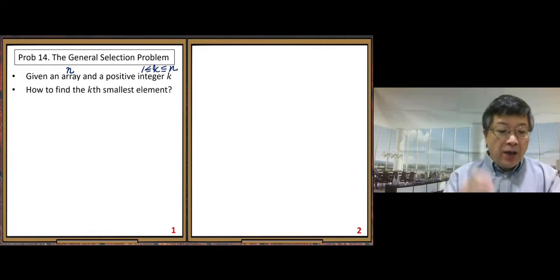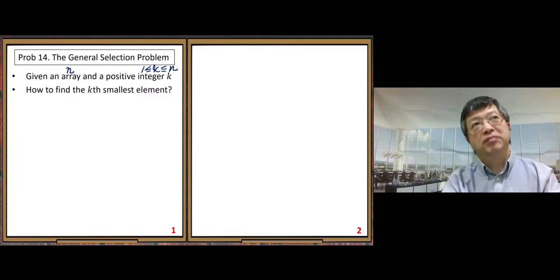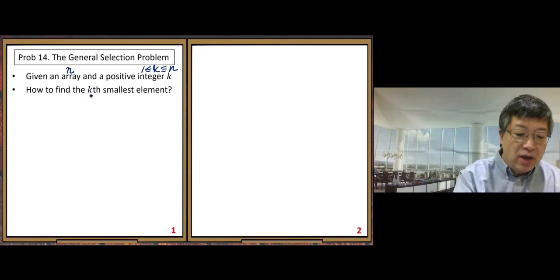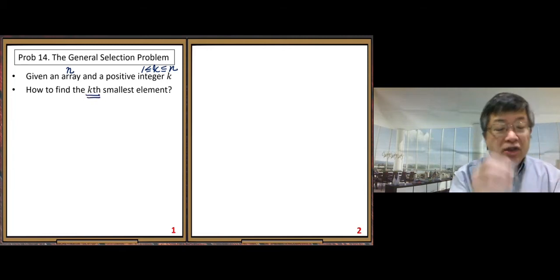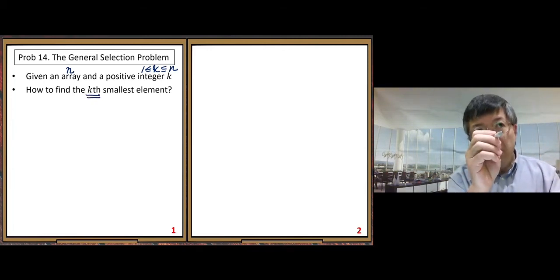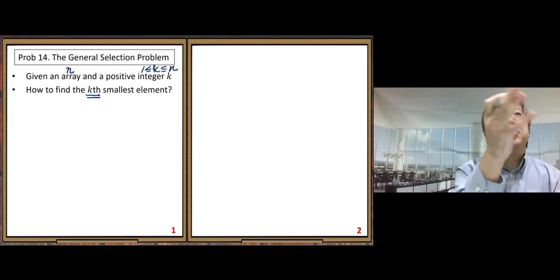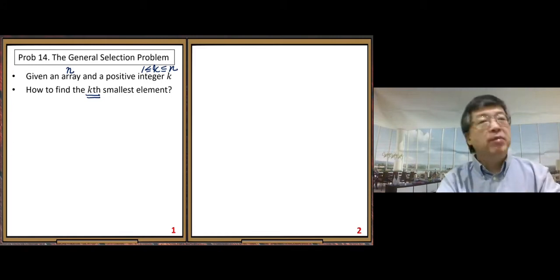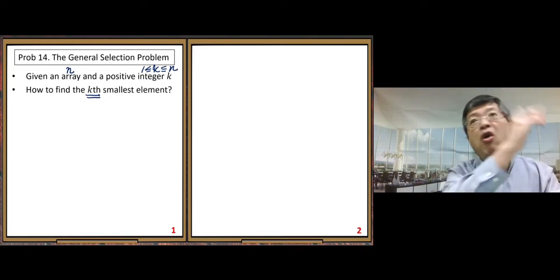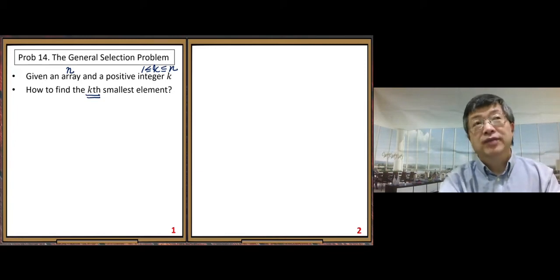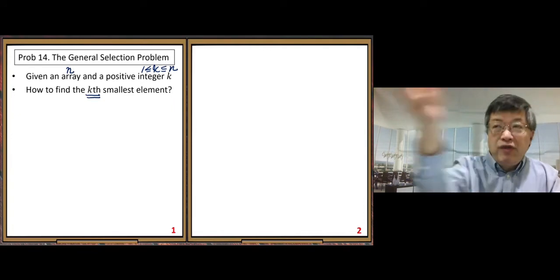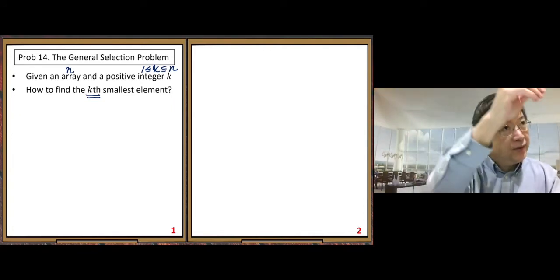All right, how to find the kth smallest element? You can imagine we want to find the kth smallest, but as fast as possible. Everybody can find the kth smallest, right? You can find a method.